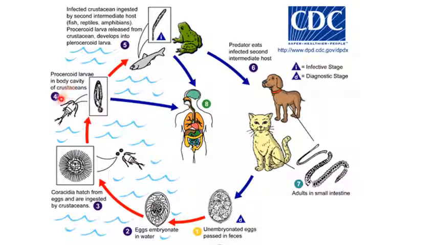Procercoid larvae develop in the body cavity of the crustacean, and the infected crustacean is ingested by the second intermediate host: fish, reptiles, or amphibians. Procercoid larvae released from the crustacean develop into plerocercoid larvae, as you see here. The predator eats the infected second intermediate host, either fishes or frogs, for the animals, cats, and these are the stages of the development of plerocercoids in the animals and even the human.